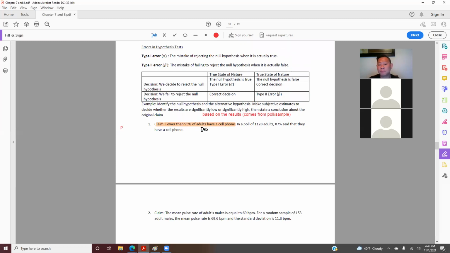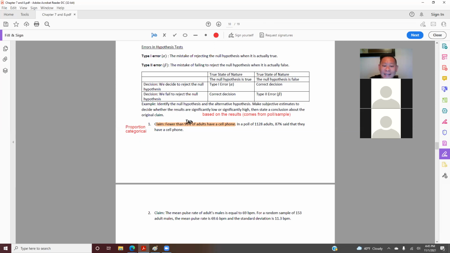The reason why is, anyone? Percentage. There is a decimal. Proportion is also used for a categorical variable. If you read this, it says either you have a cell phone or you don't. So either yes or no. So it's a categorical type, which means we're going to use P.